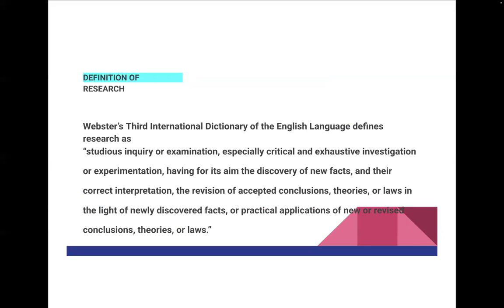You are all PhD scholars. Of course, you have decided that you want to pursue PhD for some reasons, right? If I ask you what that reason is, can you tell me why you want to pursue PhD?